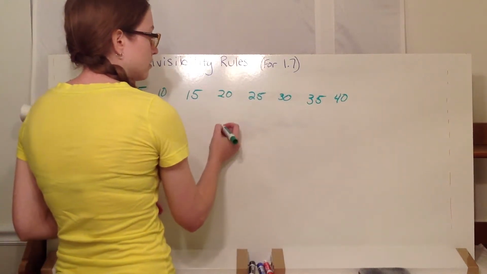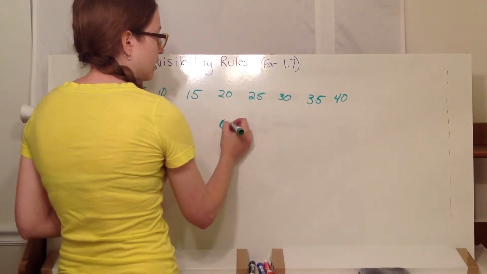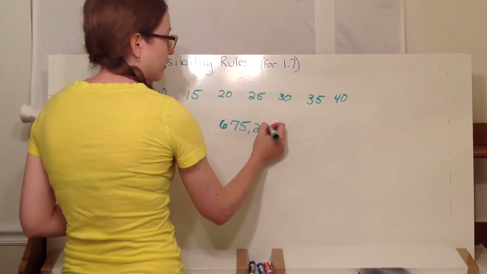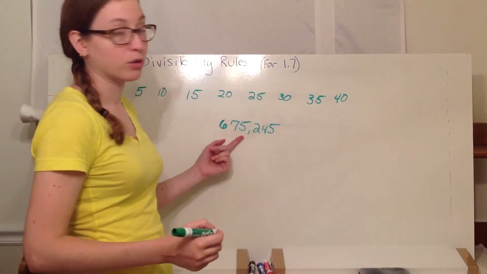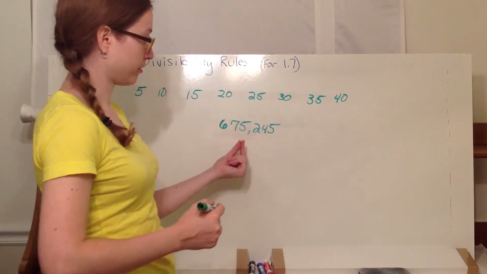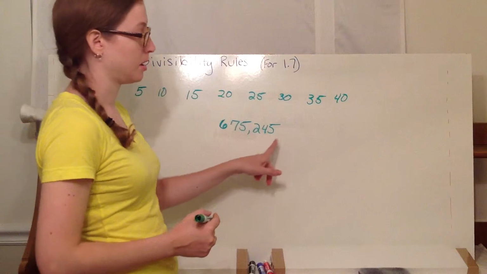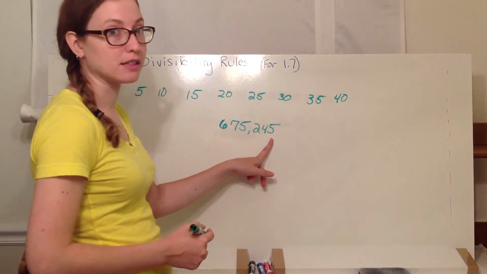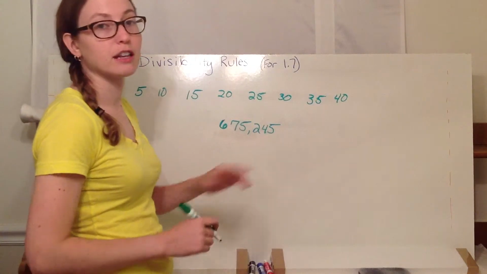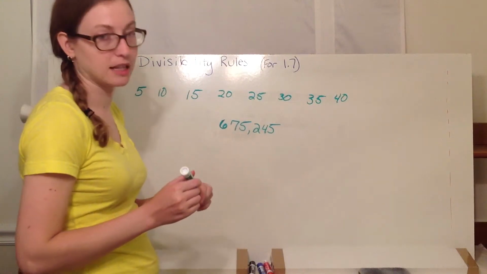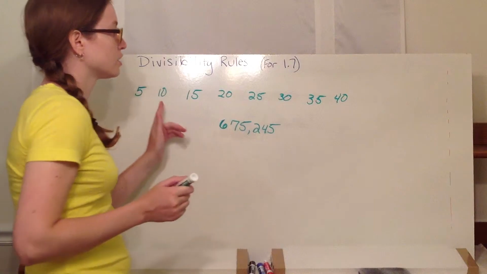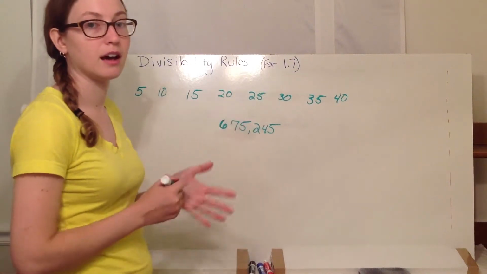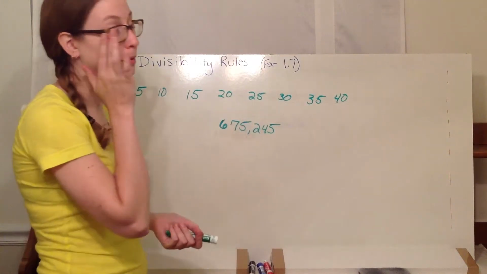If it's 675,245, I don't know what pairs up with 5 to multiply to this number, but I do know that it won't be a waste of my time to try to divide this number by 5. There's definitely a factor of 5 in that number because it ends in 5. So for 5, if it ends in 5 or 0, then 5 is a factor of that number.